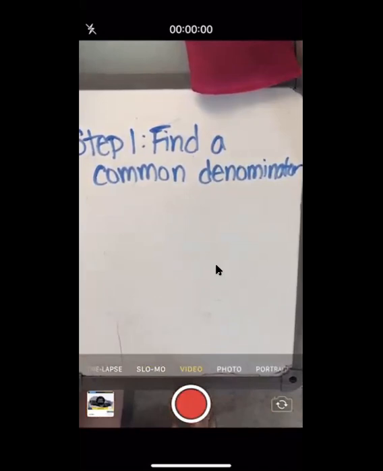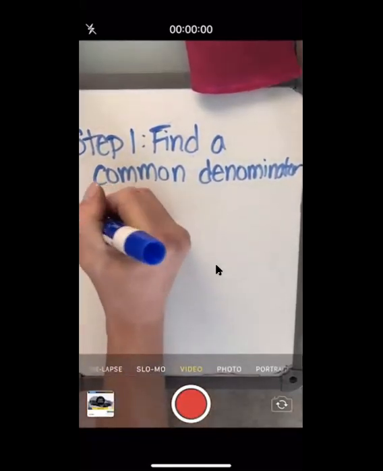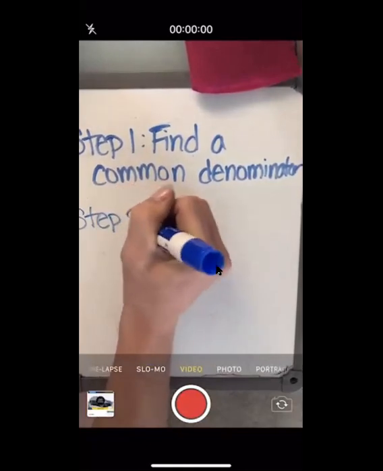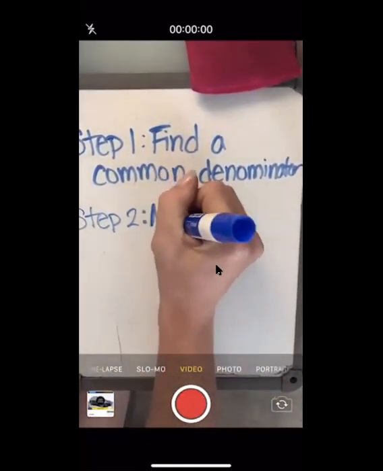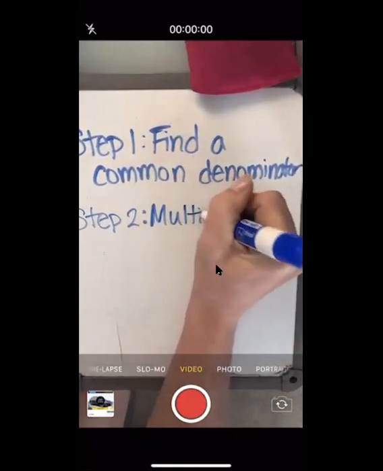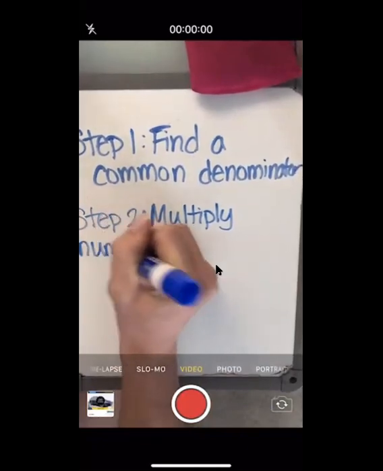Obviously, if they're both 8s or they're both 6 or 4, that's fine. But we're not going to see that anymore because that was in 4th grade. Now we're going to be finding a common denominator. Step 2. You're going to have to multiply your numerator and your denominator, right?